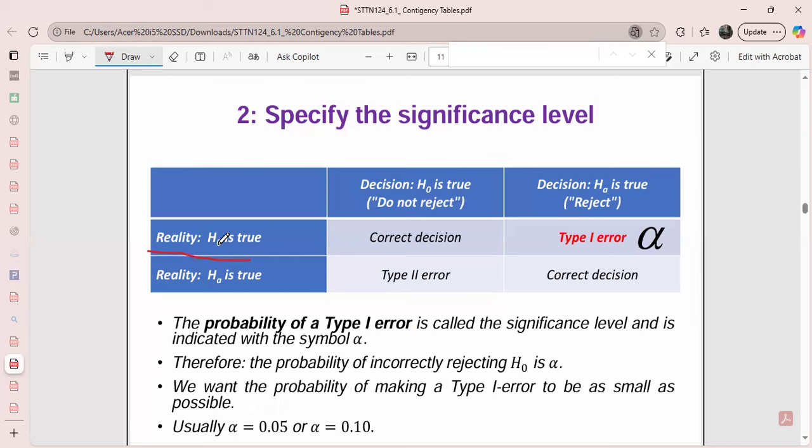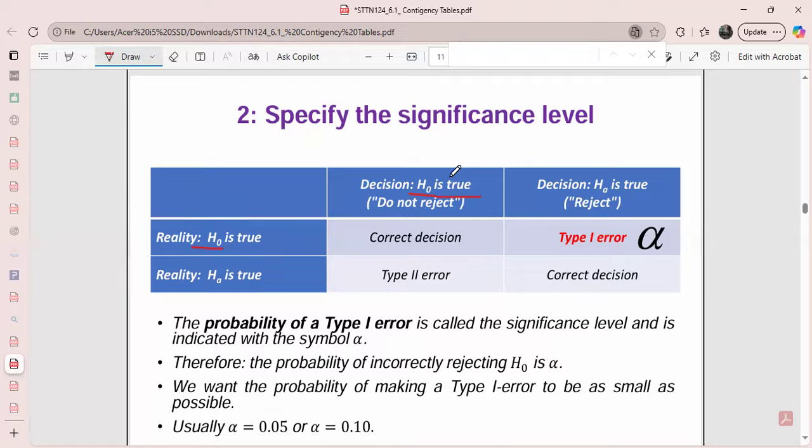Look at this. Let me start with this one here. If under the reality H0 is true, and our decision is that we do not reject, it means that we are making what we call a correct decision.